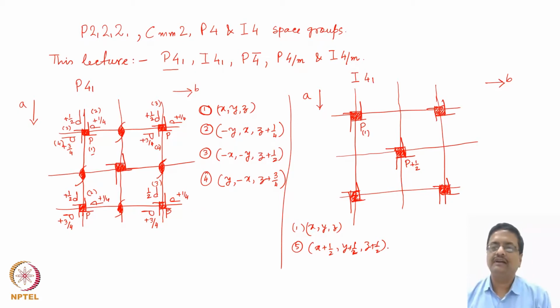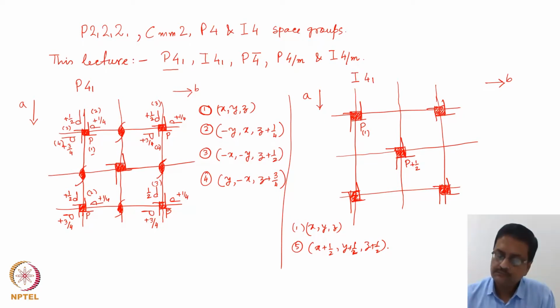This satisfies the condition for an I-centered lattice. Now with this point, we should draw the corresponding symmetry related objects and then start drawing the 4-1 related objects as we had drawn in the case of P41.